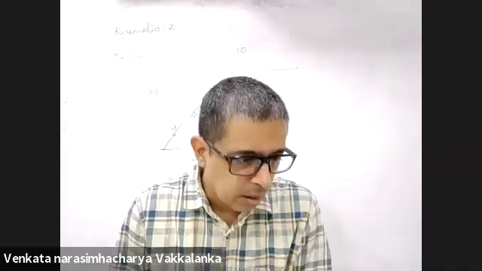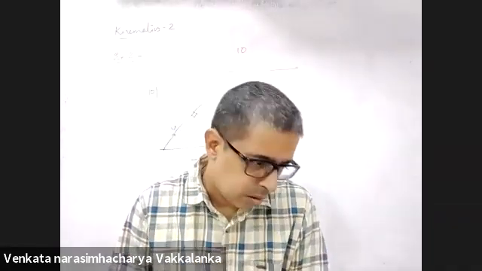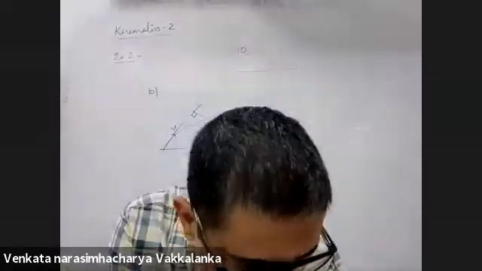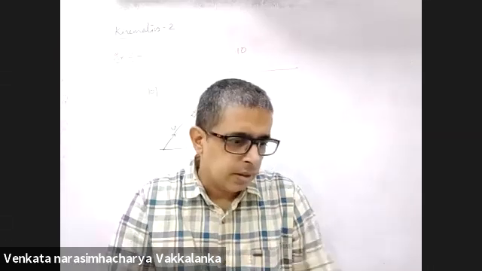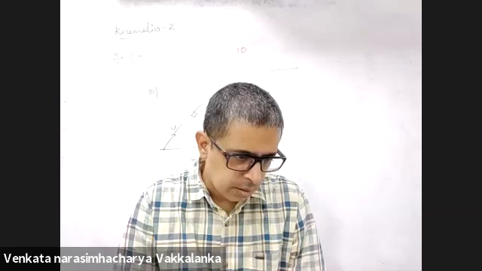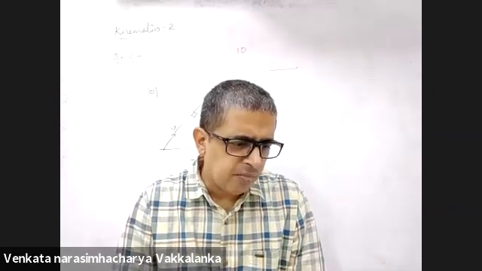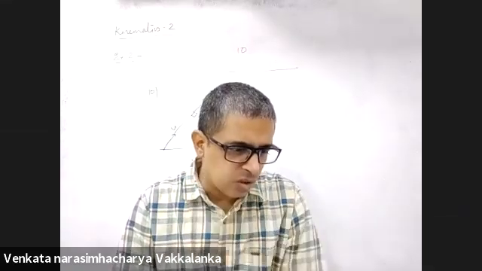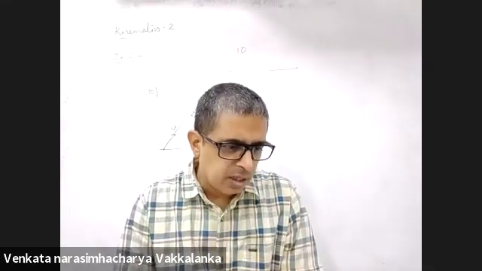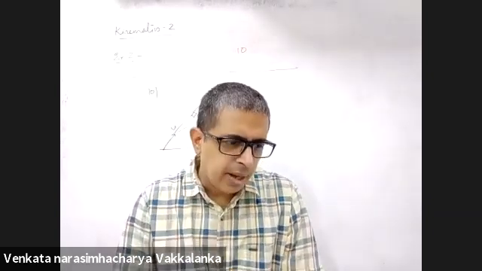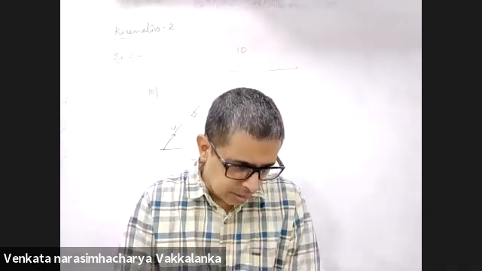Sir, can you solve the B part of the 12th question? Angle of projection with the horizontal for a projectile whose range is n times the maximum height h is tan inverse 4 by n.